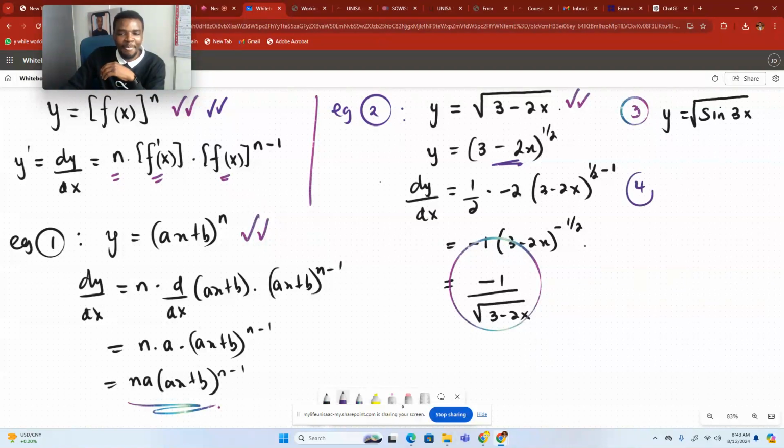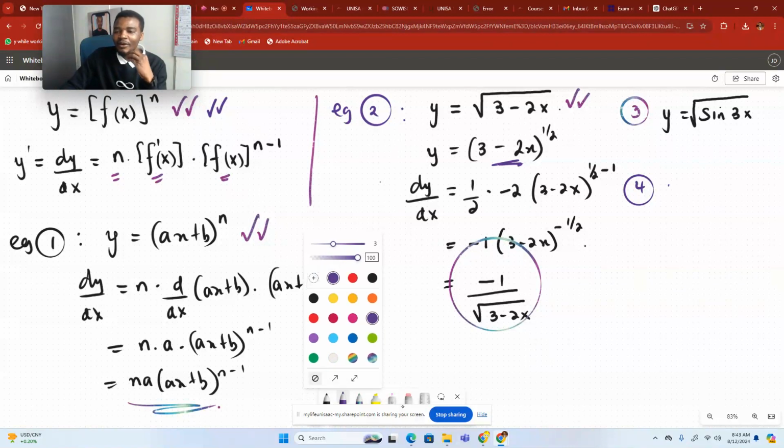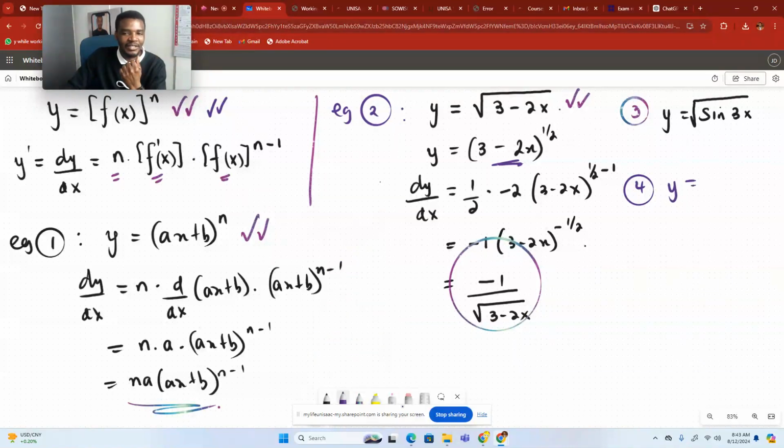Number 4, what if we want to find the derivative of y is equivalent to ln of 3x, everything to the power of 2. How do we differentiate a function of this form?